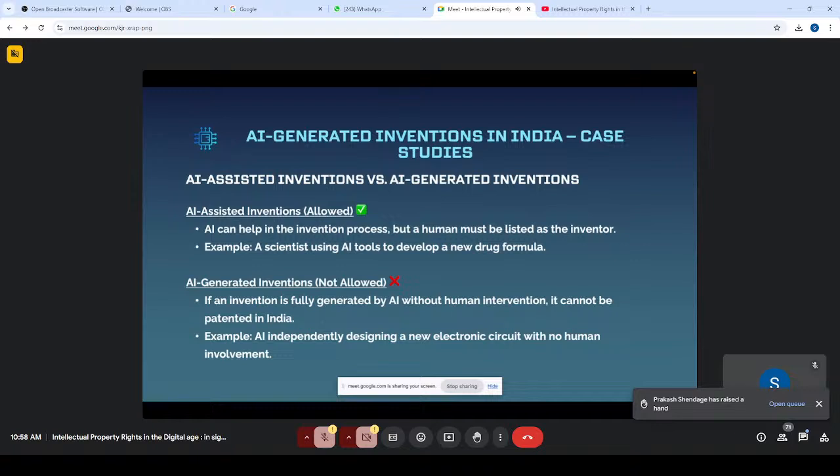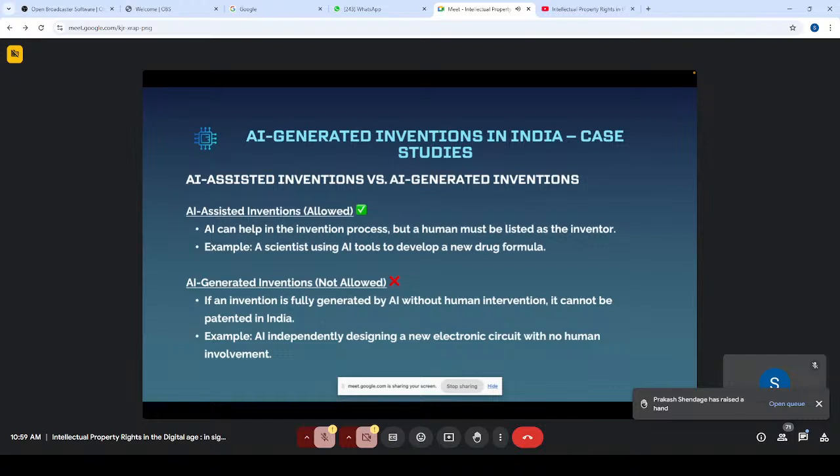Then AI-generated inventions. If an invention is fully generated by AI without human intervention, it cannot be patented in India or maybe the US, UK, or Europe. For example, AI independently designing a new electronic circuit with no human involvement. What is the objective of that circuit? What are the components? What type of layout is there?